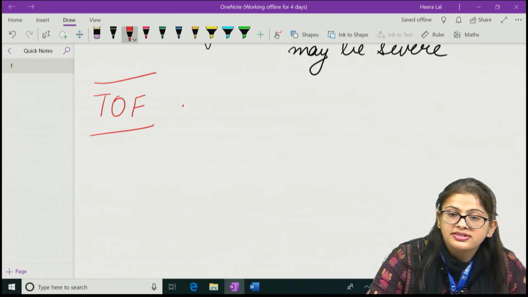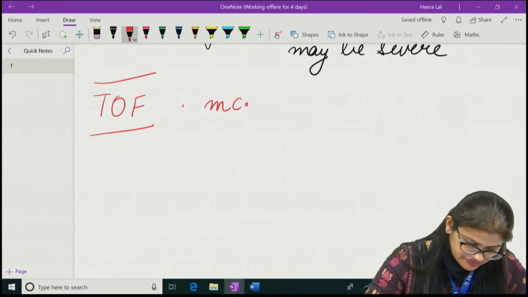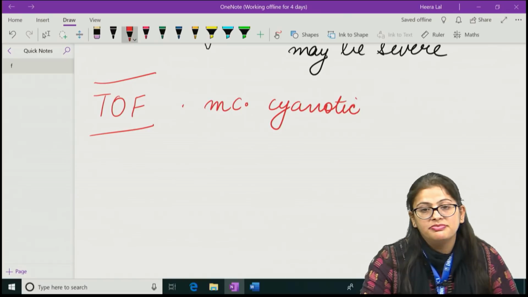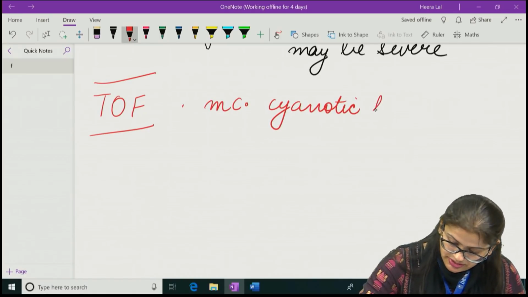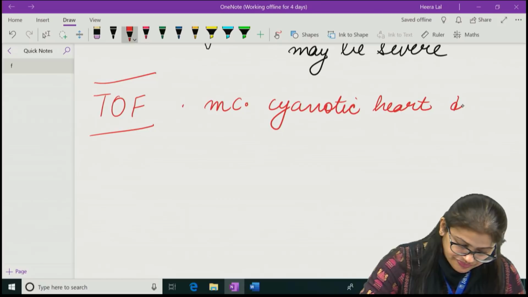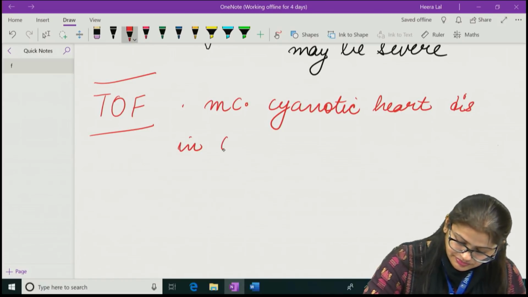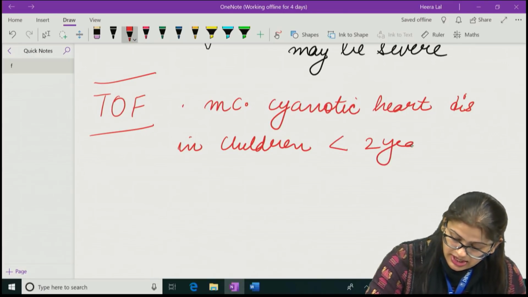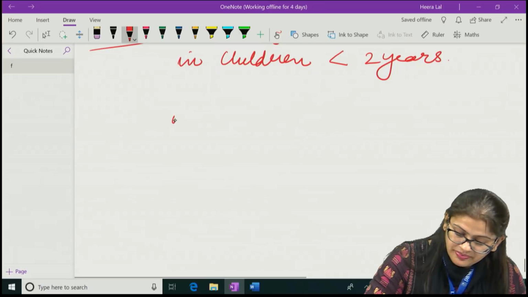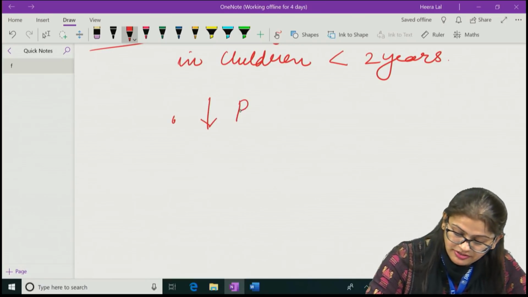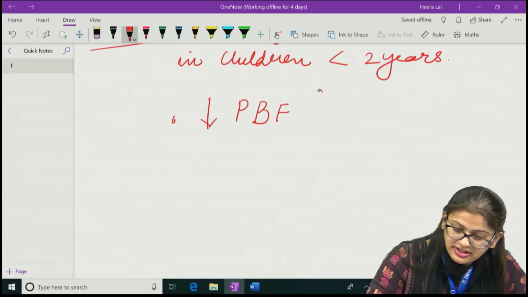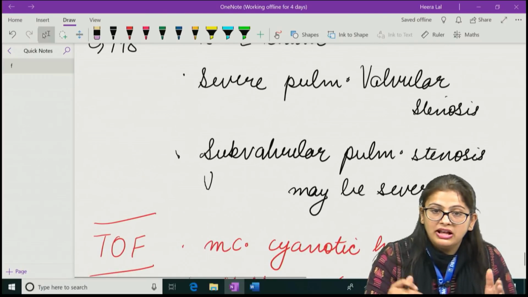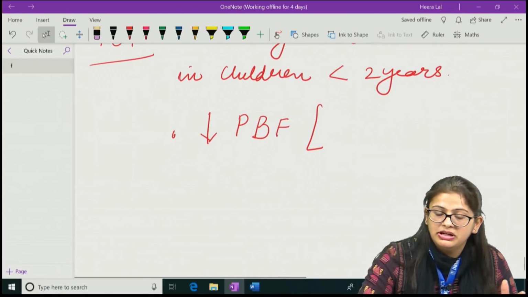Tetralogy of Fallot is the most common cyanotic heart disease in children over 2 years, accounting for almost 75% of these patients. In children less than 2 years. It is a cyanotic heart disease with decreased pulmonary blood flow, which means that there is pulmonary stenosis, and there can be either pulmonary valvular stenosis or there can be subvalvular pulmonary stenosis.